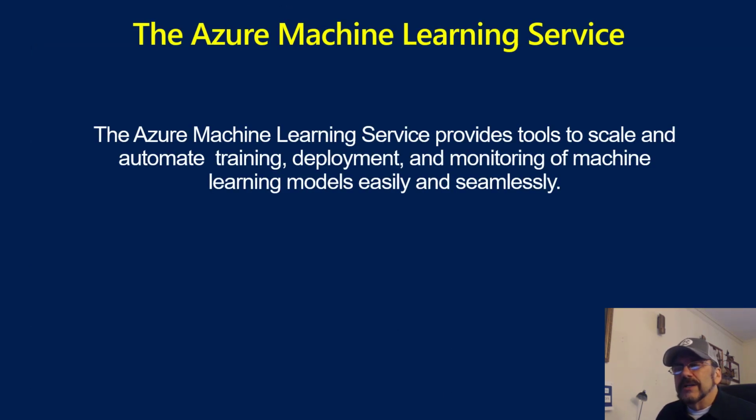So in a nutshell, we're going to dig down a little deeper, but I want to give you the high-level picture here. The Azure Machine Learning Service provides tools to scale and automate training, deployment, and monitoring of machine learning models easily and seamlessly. That's a tall order, because as anyone in data science knows, there's a lot of messy pieces.